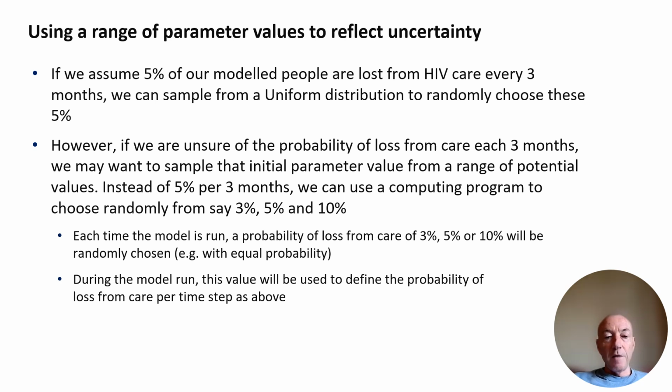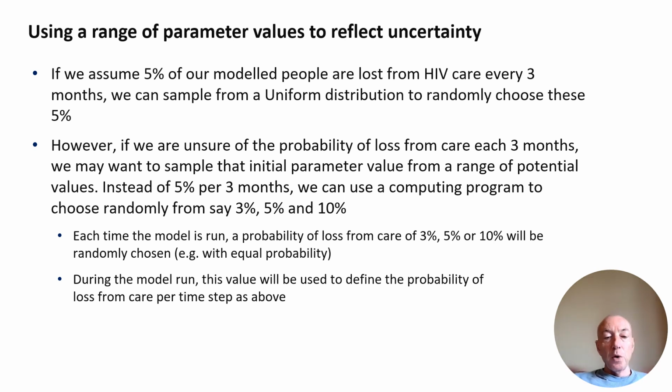So instead of 5% for 3 months, we can use a computer program that we're basing our model on to randomly choose from between, say, 3%, 5%, and 10% at the start of the model run.